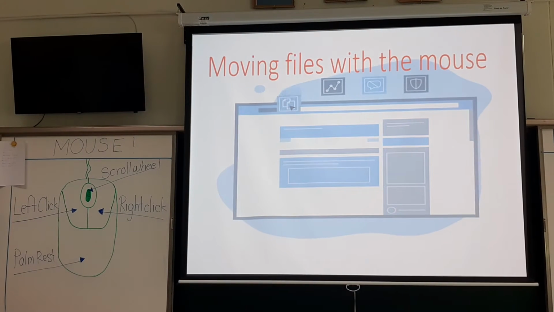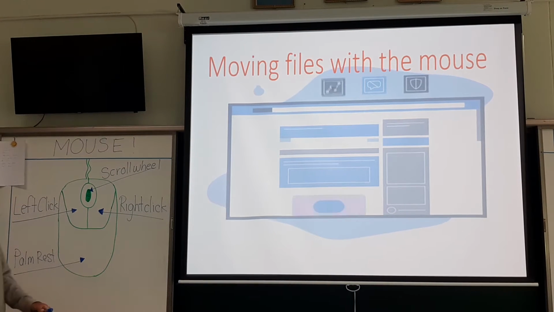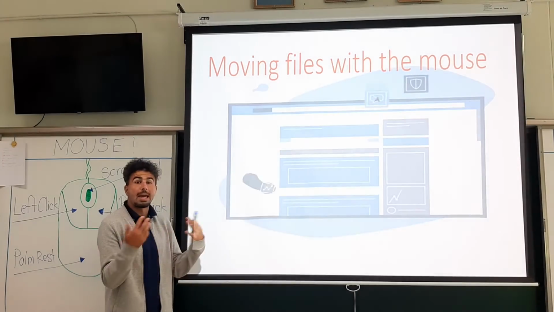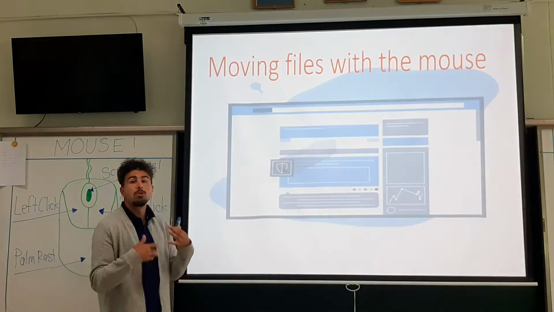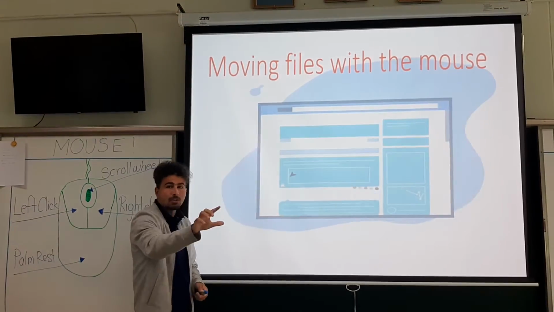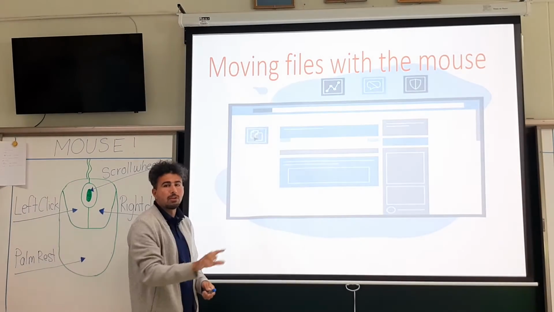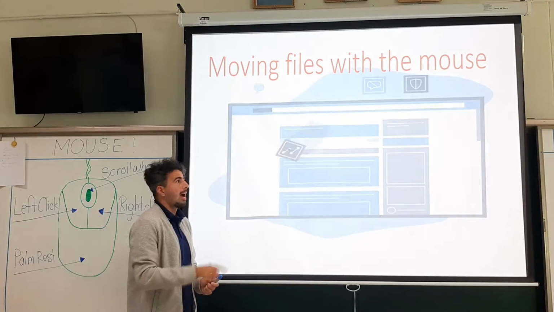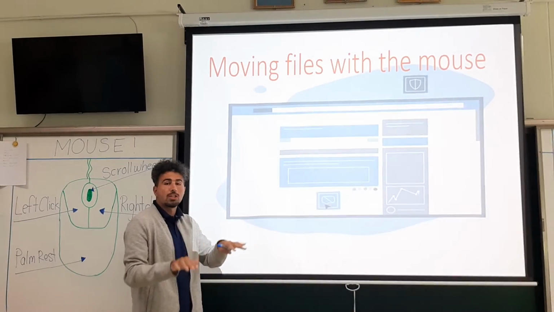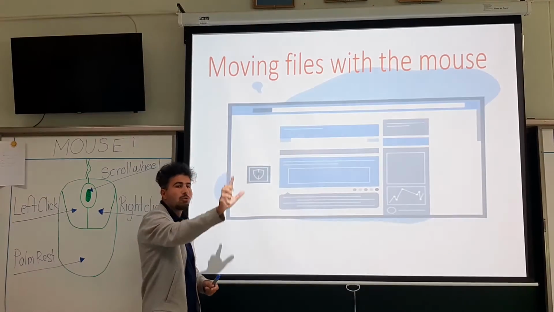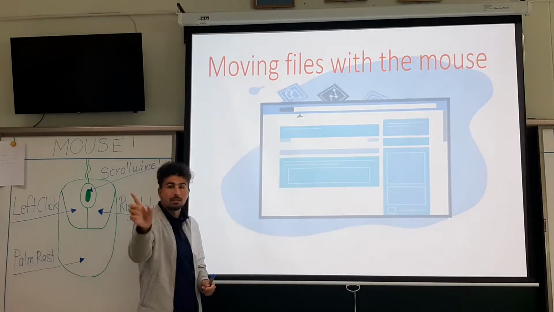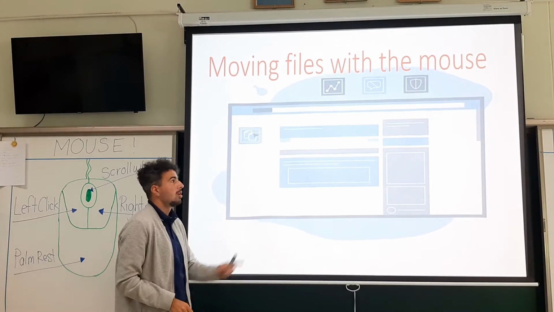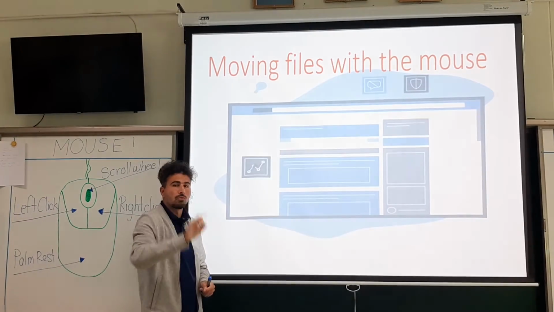And this one, moving files with the mouse. What if I have documents or games or anything, music? I need to use the mouse to move different things. Yeah? I make a worksheet. Teacher makes a worksheet on the computer. I need to move the file and then print. So I need to use the mouse to click and to move. Okay?